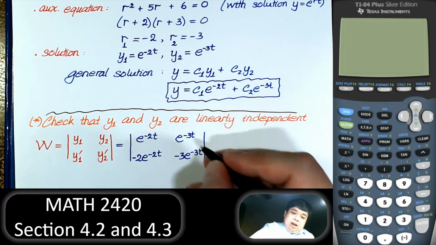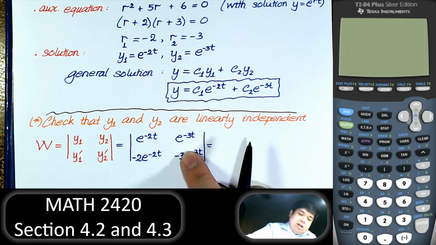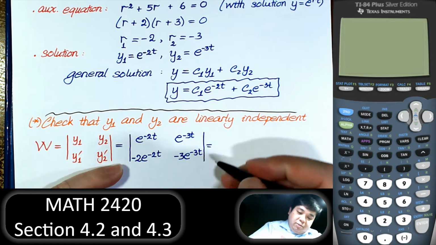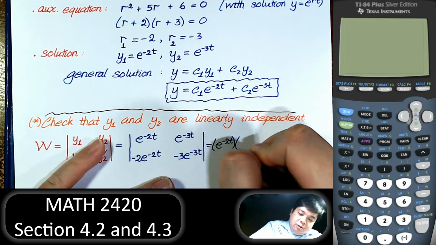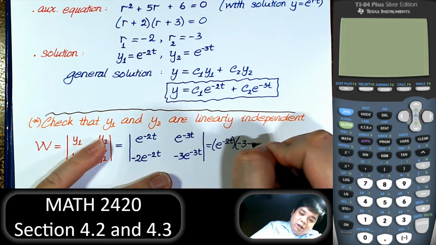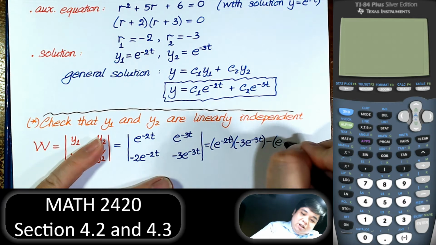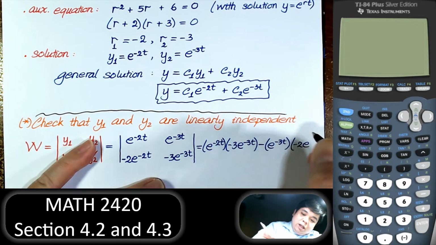Now, determinant, meaning we cross multiply. Multiply in that direction, subtract, and multiply the other direction. So e to negative 2t times negative 3 e to negative 3t, subtract the other direction, e to negative 3t times negative 2 e to negative 2t.